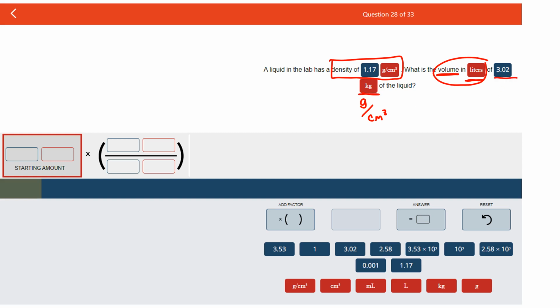So I'm starting with my given 3.02 kilograms, but I have to find some way of getting from kilograms all the way to liters.